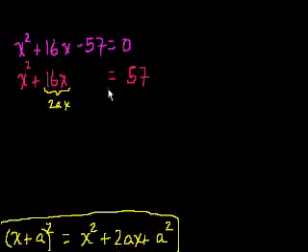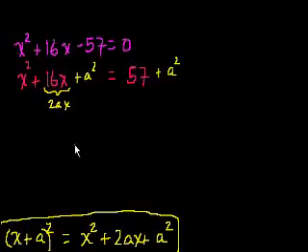And then we need to add an a squared to it, right? Plus a squared. And then we would have the form here. But we know from basic algebra that anything you do to one side of an equation, you have to do to the other. So we added an a squared here, so let's add an a squared here as well. And now you could essentially rewrite this as a square of some expression. But before that, we have to figure out what a was.